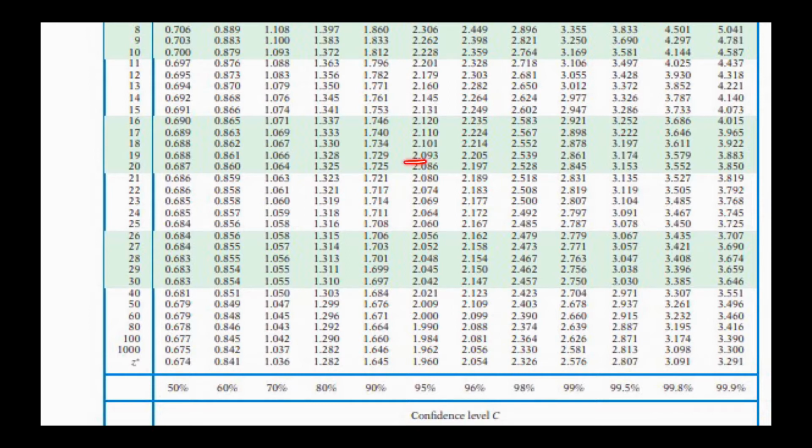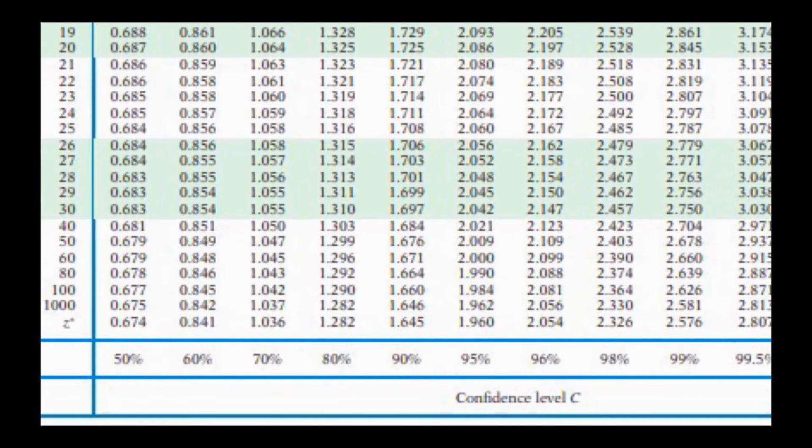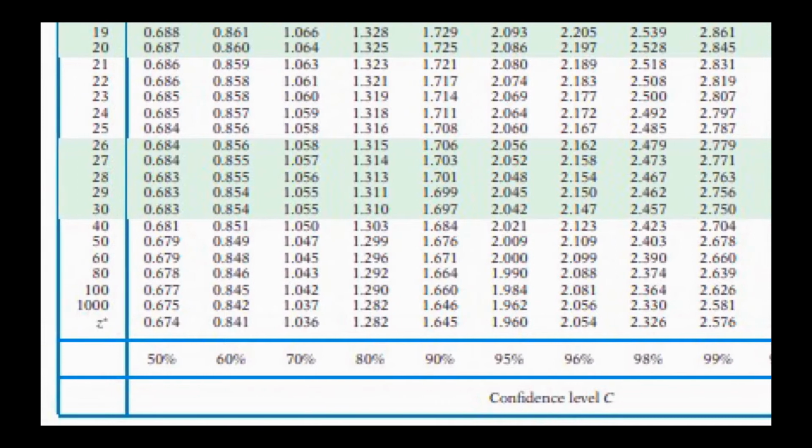Ours is bigger, because there's more variability. The fatter tails are causing it to go out a little bit. But as I get a sample size that goes higher, it gets closer and closer to that 1.96. If I had a sample size of 1,000, it'd be pretty much 1.96. Or sorry, sample size of 1,001.